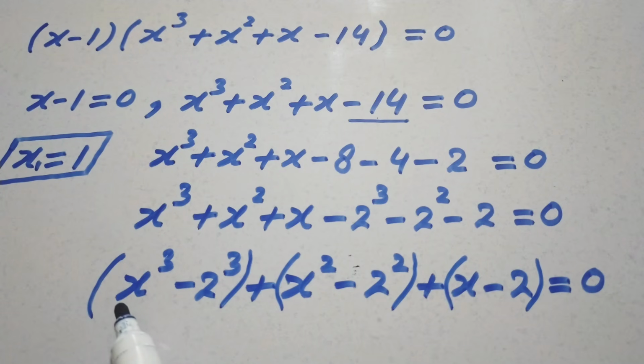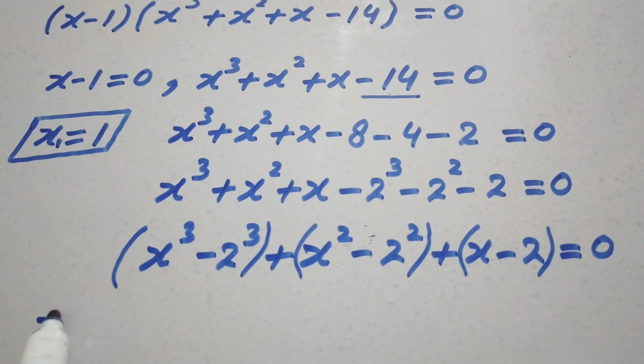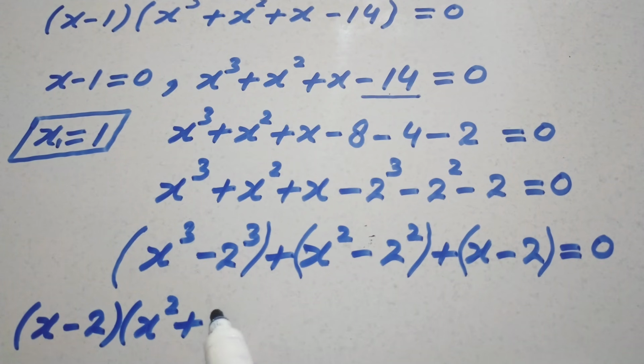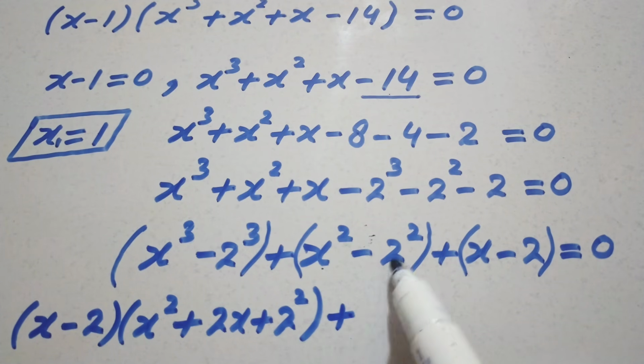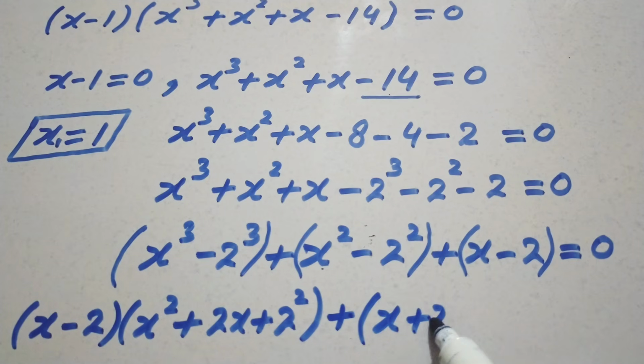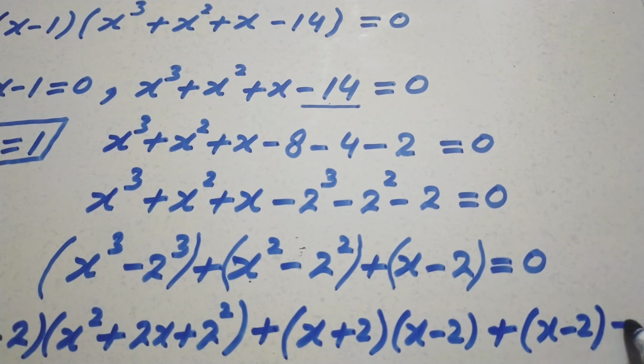Now by using the algebraic identity a cube minus b cube, which is a minus b into a squared plus ab plus b squared, and here a squared minus b squared is a plus b into a minus b, and the last one, factor x minus 2, is equal to 0.